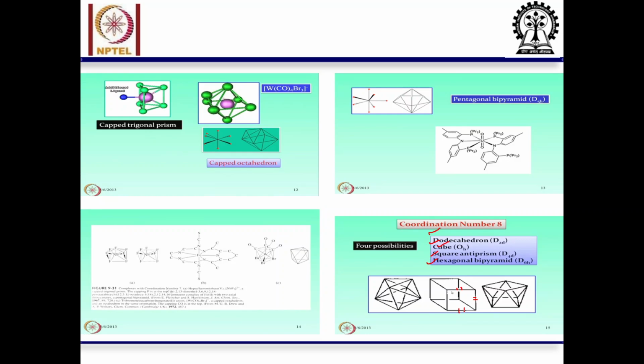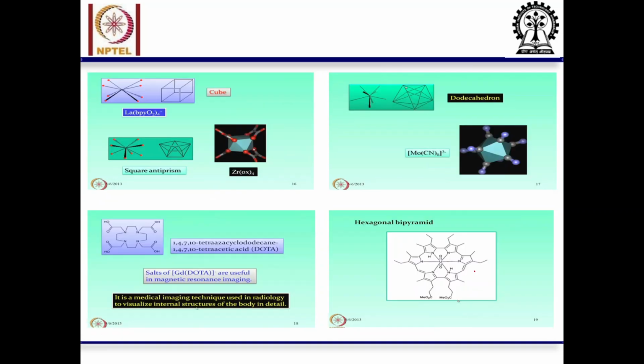In a square antiprism we have two square faces and six trigonal faces. How do we get it? If I rotate one of the planes, the top plane, by 45 degrees, we get a square antiprism.